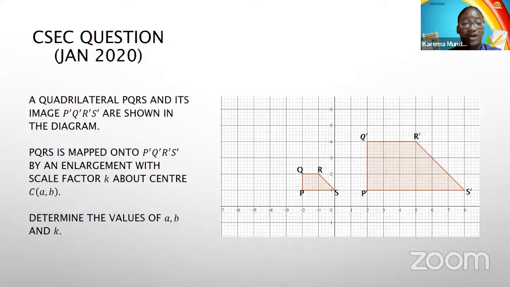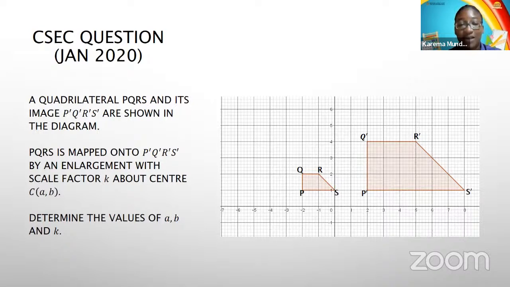Don't worry, I really want to say something here many times. Students get confused because they now say scale factor K about center C (A, B), and they see A and B and K and get nervous because of the variables. Don't be confused, darling. It's the same thing that we've been doing from morning.